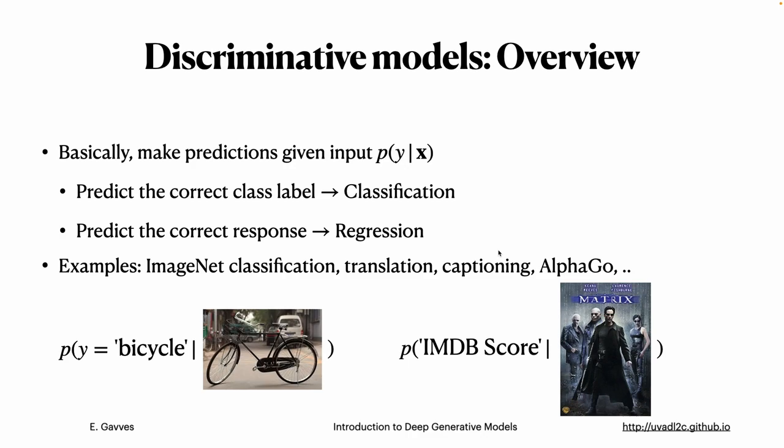I want to caption an image, so if I give you an image, I want to be able to describe that this is a bicycle standing behind a white car and whatnot. AlphaGo, whatever. Most algorithms, or a lot of successful algorithms, at least until very recently with ChatGPT, with DALL-E and so forth, were discriminative because you simply want to solve a particular task.